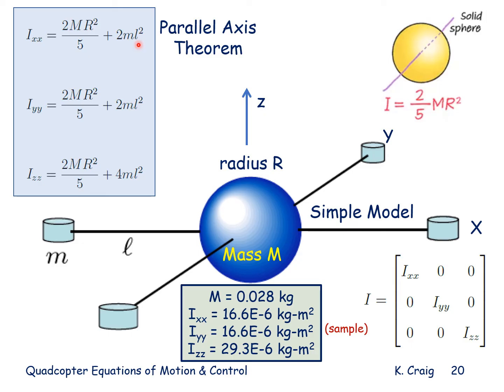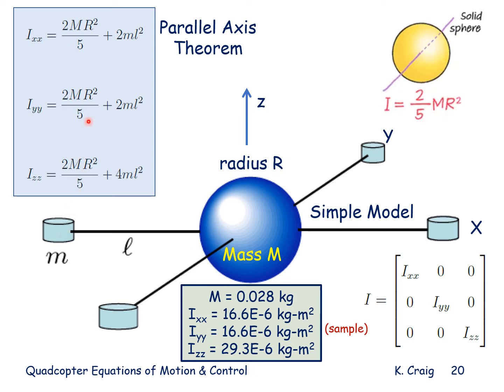And this is the same for the y-axis. The mass moment of inertia about the y-axis is the same expression because the point masses along the y-axis do not contribute to the mass moment of inertia about the y-axis, but the point masses along the x-axis do contribute.